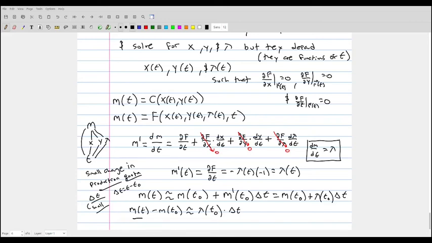This is a very useful rule of thumb that can help us figure out how this minimum is going to change without doing much calculation.